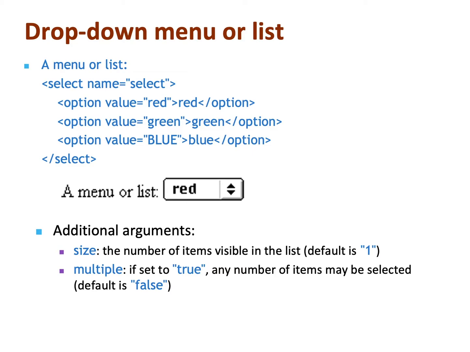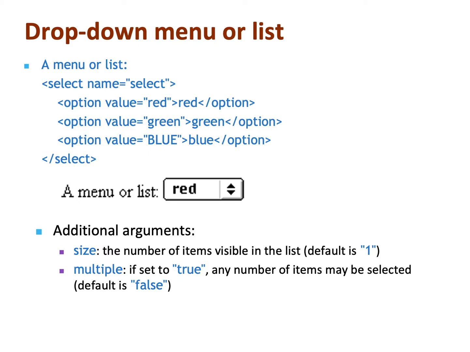So how do we go about creating a drop-down menu or list? We use the select HTML tags. So we open bracket select, and then we give it a name. In this instance, we're naming it select, and then closing the bracket. Within there we'll have our options. In this case, we have 3 options.